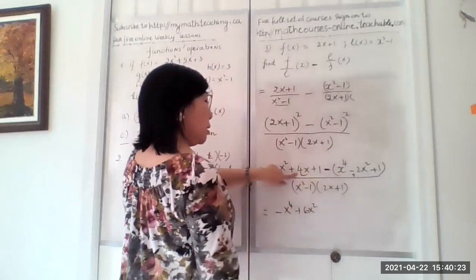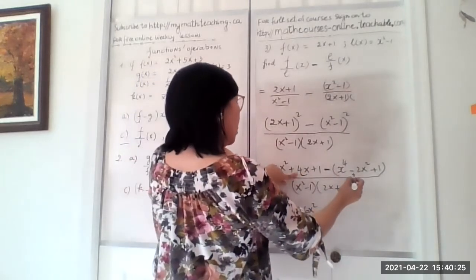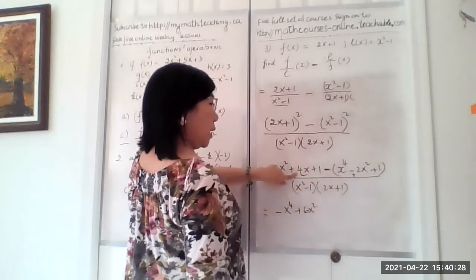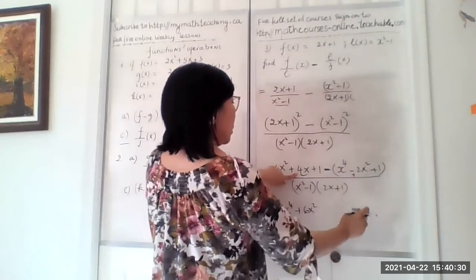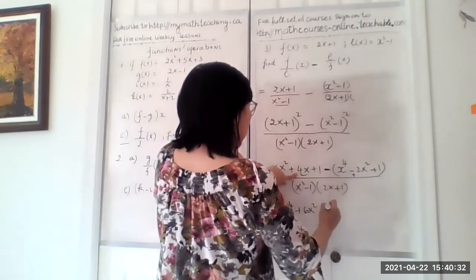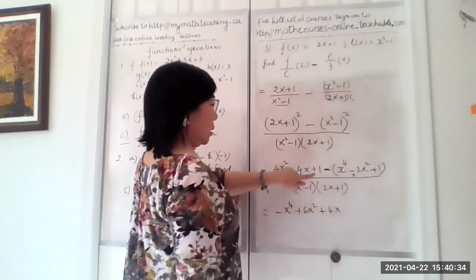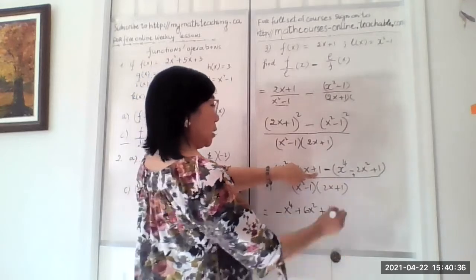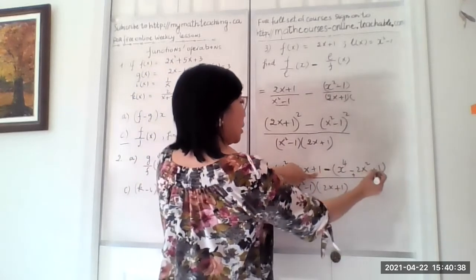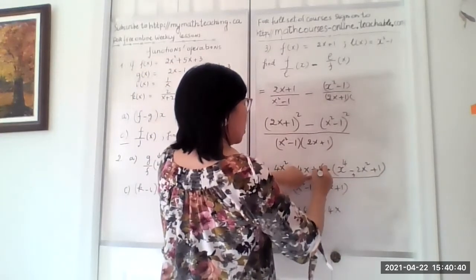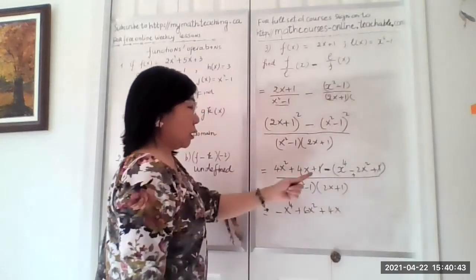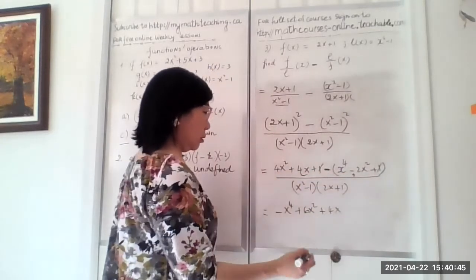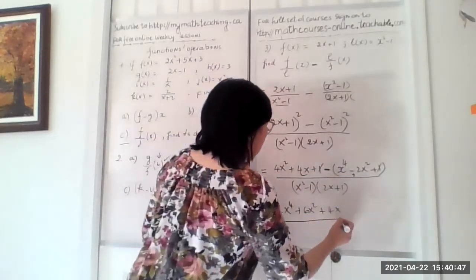Now the 4x here will just stay at 4x, because there is no other x term. So just say plus 4x. Now the 1 here is positive, but we have a negative, so this 1 will cancel with this 1: 1 positive, 1 negative, gone. So that's on the top.